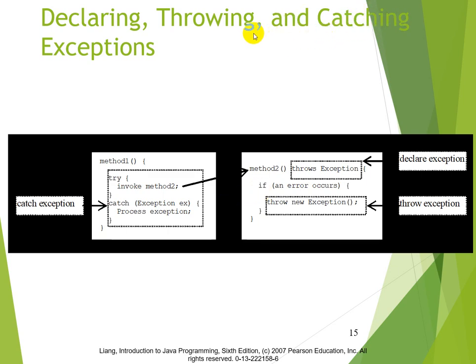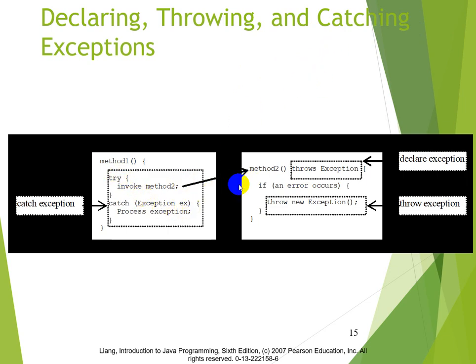Whenever an exception is thrown, either by the compiler or explicitly by the programmer, in both cases you will have to catch that exception. The catching part I have already explained in part 1 of this lecture, in which you catch the exception and deal with that situation.